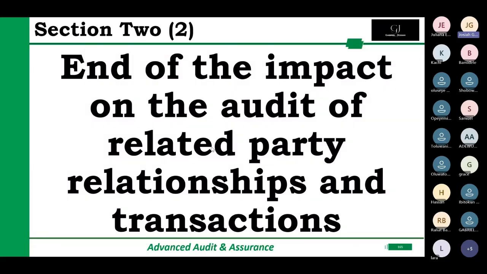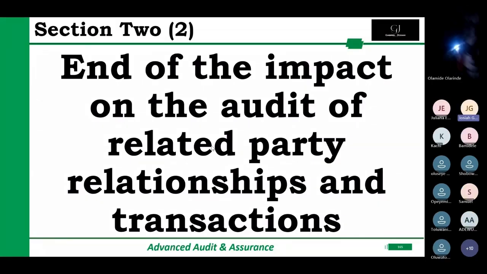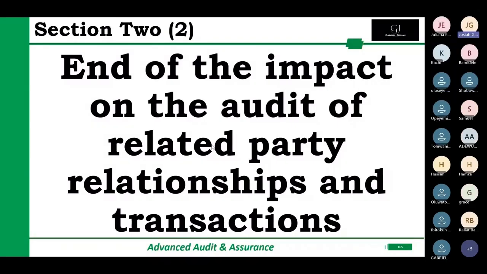Also, you have another red flag, internal control and management behavior, where you see weak or ineffective internal controls over related party identification and approvals. Those are red flags. Where management is reluctant to provide information, gives incomplete responses, or avoids these inquiries of auditors. Those are red flags. Then maybe late disclosures or corrections of previous unreported transactions in the financial statements.